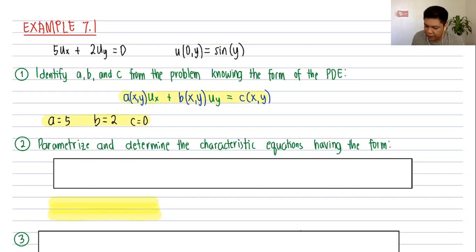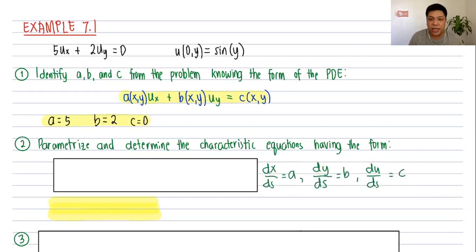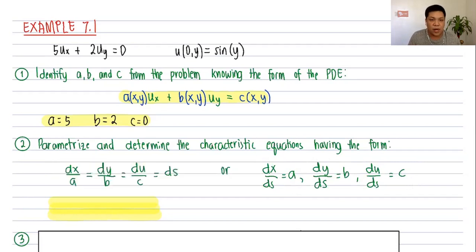They should have the following form, as we have mentioned in our earlier discussion. dx/ds is equal to A, dy/ds equals B, and du/ds is equivalent to C. Furthermore, I can say that once I cross multiply, dx/A is equal to ds, dy/B is equal to ds, and du/C is equal to ds.